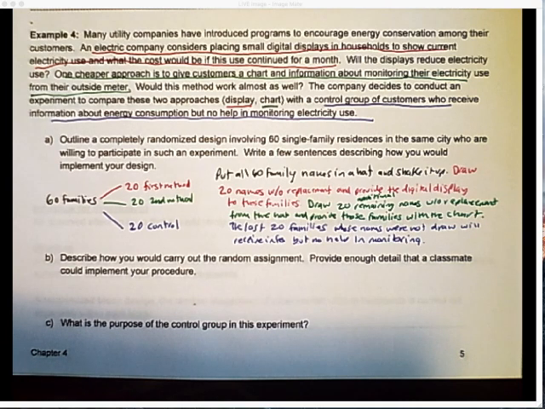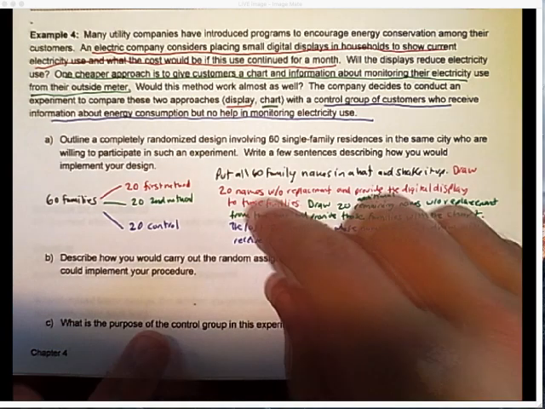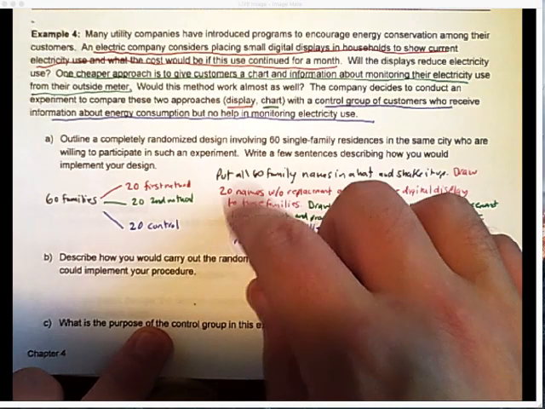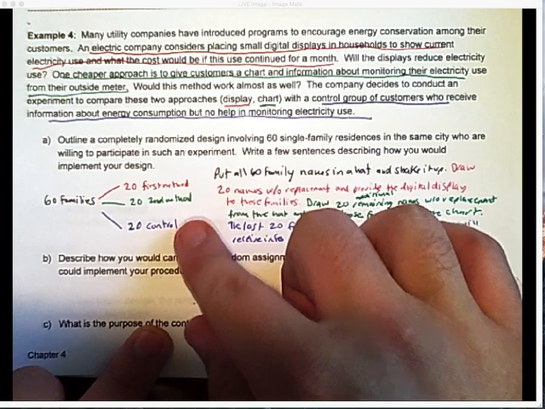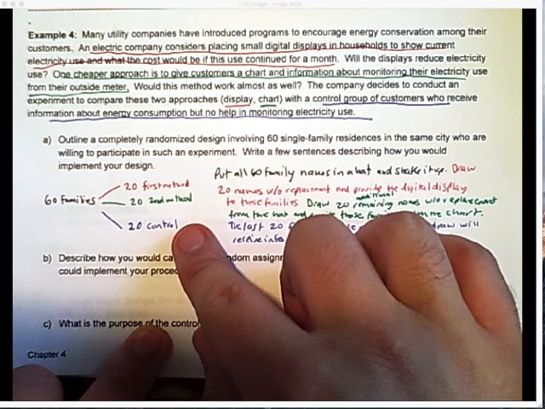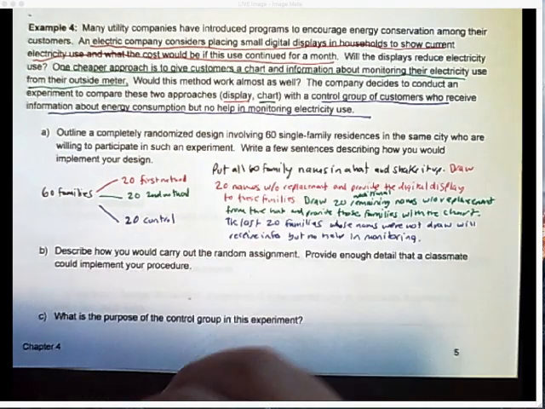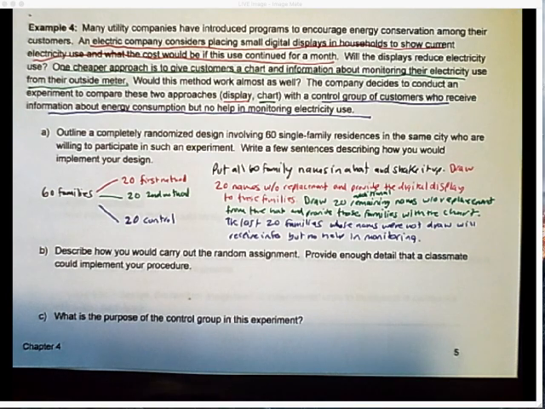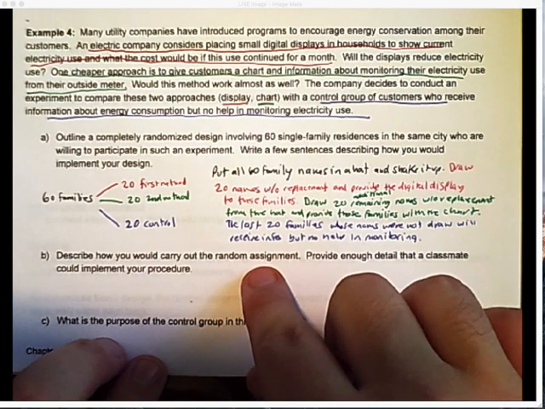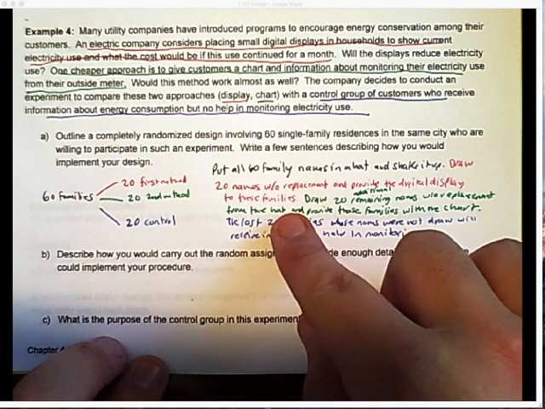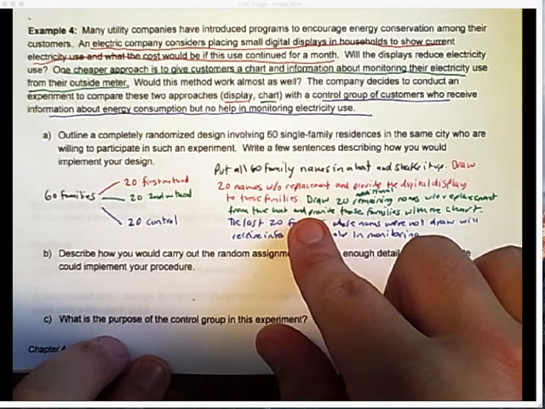Provide enough detail that a classmate could implement your procedure. Okay, so I talked about how I'm going to put these families into the three groups. Okay, but I need to talk about, well, I guess I kind of did that. This is how I'm going to carry out the random assignment.